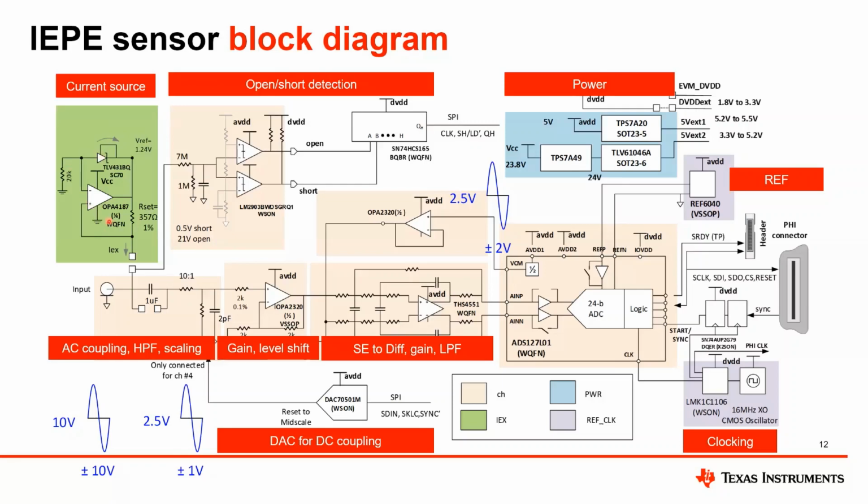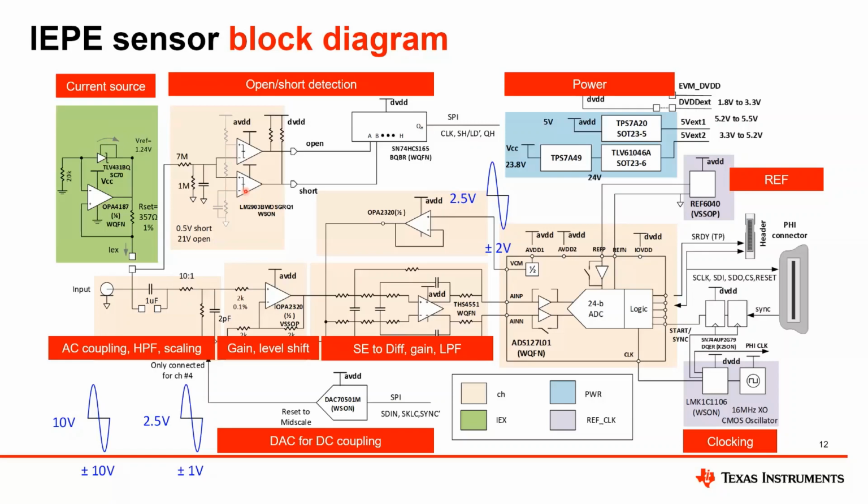This high side current source is implemented by an OPA4817 quad op amp that implements 4 separate current sources plus a shunt reference, the TLV431. And the open and short detection are implemented through comparators and hysteresis. And the data from these comparators, because we have 4 channels, 2 comparators each for open and short, we have 8 signals in total.